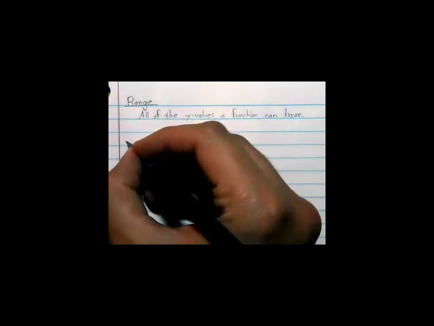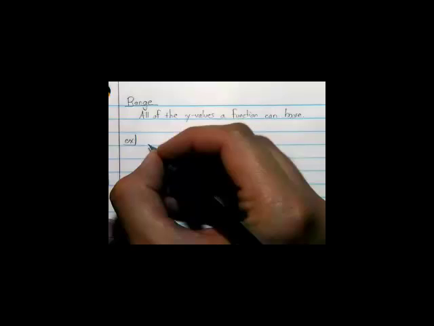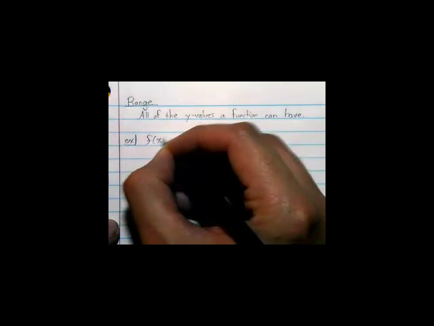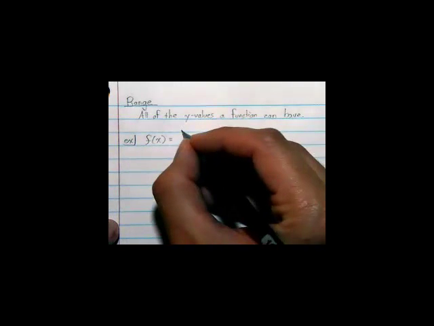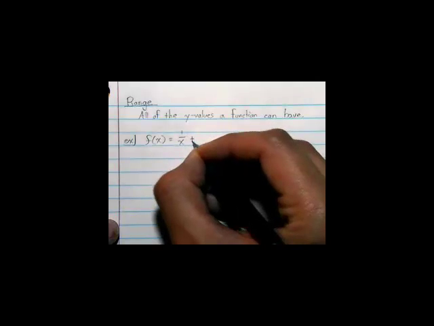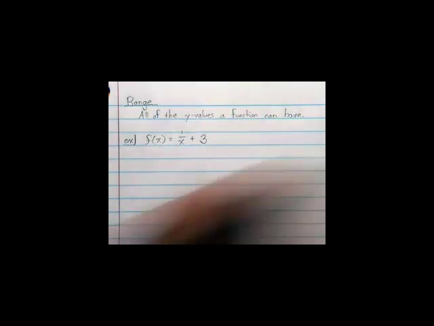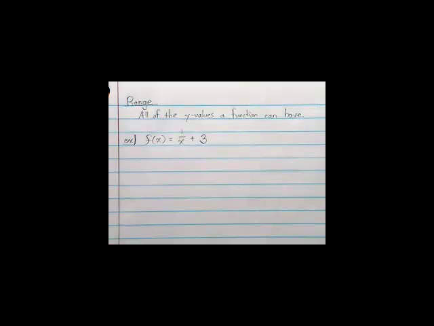So let's try once. Let's take a look at the function f of x equals, let's do 1 over x plus 3. Okay, so take out your calculators, open up your y equals menu, and let's type that in. 1 over x plus 3.